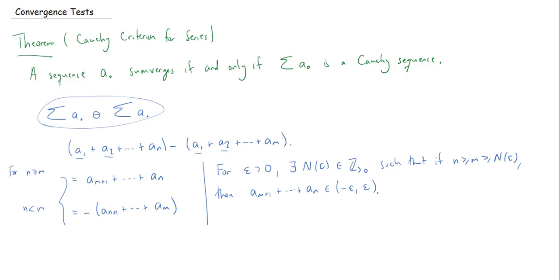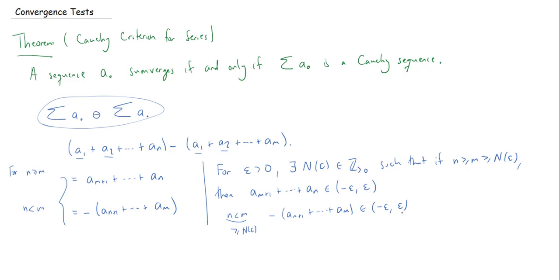Okay, and of course, if I looked at the case where n was less than m, and they're still both greater than or equal to n of epsilon, I would have negative a_{n+1} plus ... plus a_m. This would also be in here.